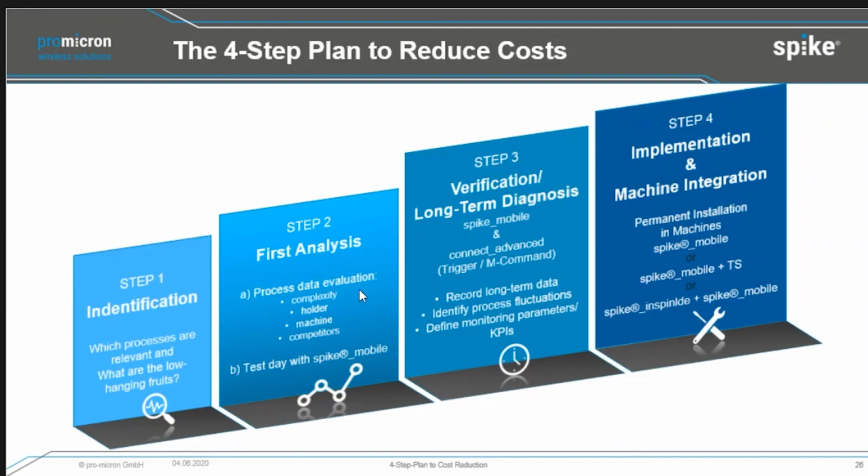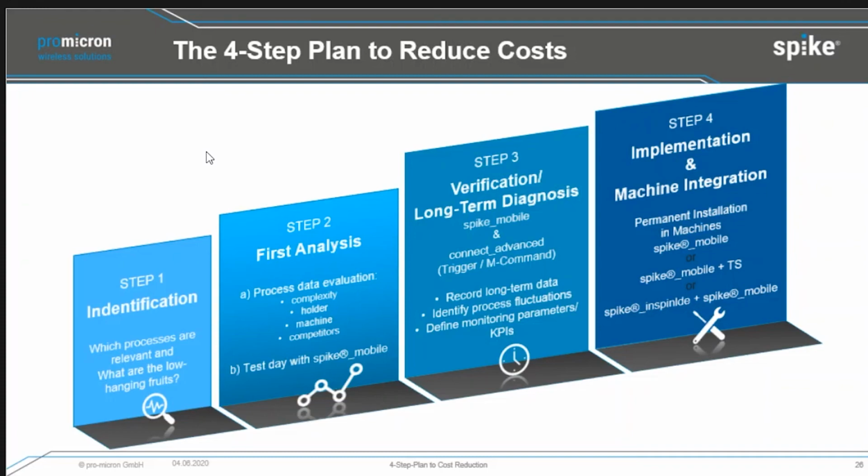We can do the same thing after step 3 and go 1 step back to have a closer look again. So after every single step, we can come together, discuss what we've seen by now, what the next steps will look like, and together decide, should we go on or should we stop or go 1 step back at this point. That's why we came up with this 4-step plan to reduce the costs in your serial production.